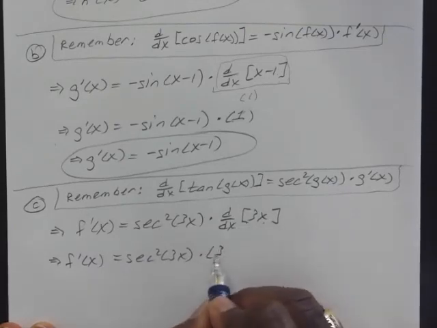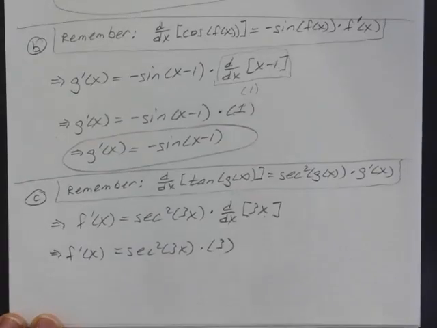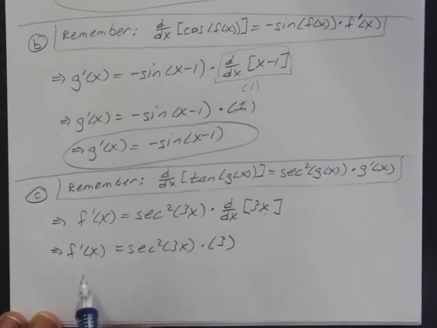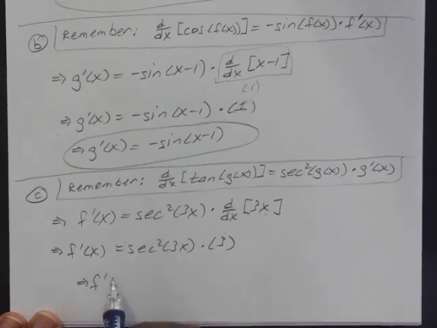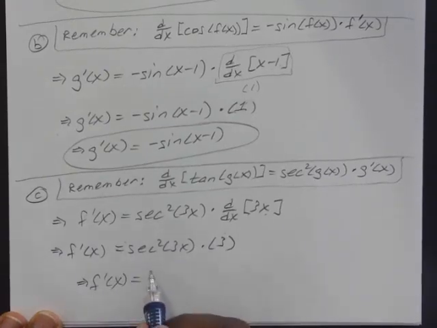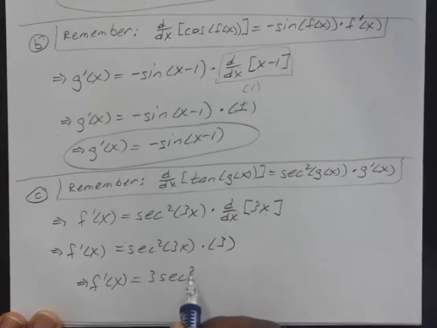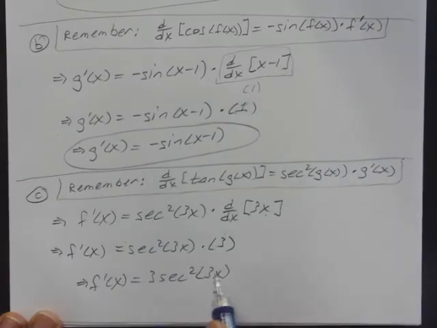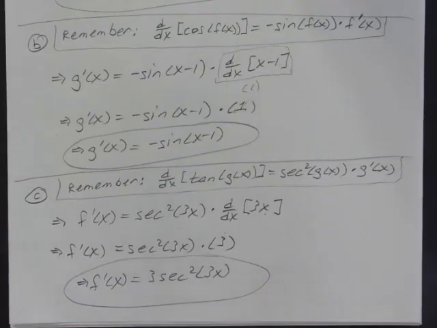So it's times 3. And that 3, we can just factor out to the front. So your f prime of x is equal to 3 times secant squared of 3x. All right. Any questions on that one?